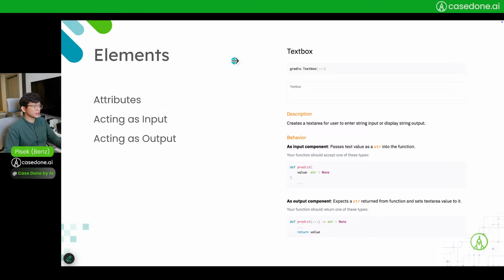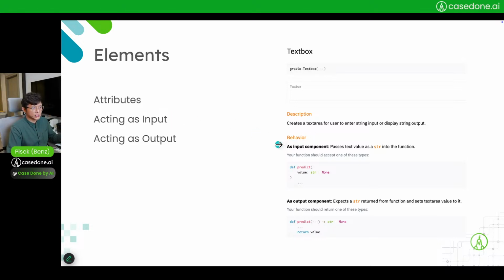Okay, elements. The way you will use it is you define the attributes for the element you are looking into. Like for a text box, you can define how many lines it should show. This one line, or you want 2 lines, maximum 50 lines, and so on. But what you need to know quickly is that elements can act as an input to a function, or can act as an output of a function.